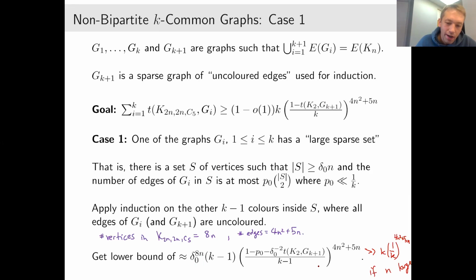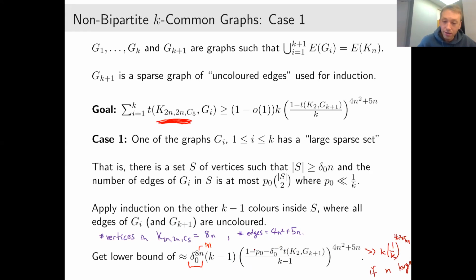So where does this come from? We get this factor in front of delta naught to the 8n, where 8n is just the number of vertices in this graph. That's the probability that all of the vertices land in the set S. Given that they all land in S, we can apply induction inside of S, where the number of monochromatic copies depends on the k-1 colors and on the number of uncolored edges.